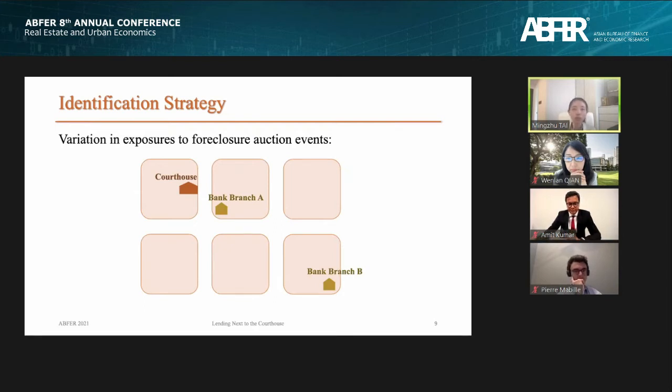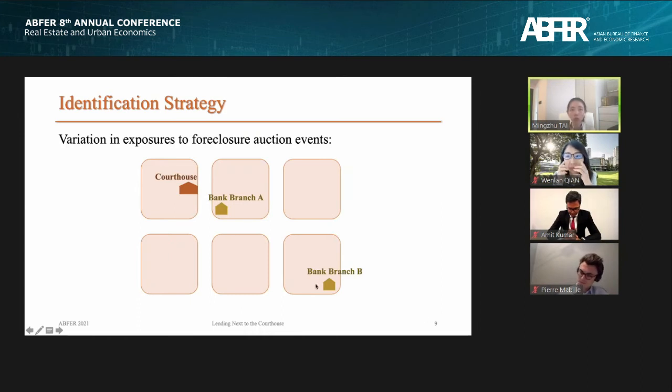On the contrary, let's say there is another bank branch which is still very close by, say just 1 or 2 blocks away. Loan officers who work in this branch will be more likely to walk along this street or this street, and the chance that they can directly observe what's going on outside the courthouse is going to be relatively smaller.